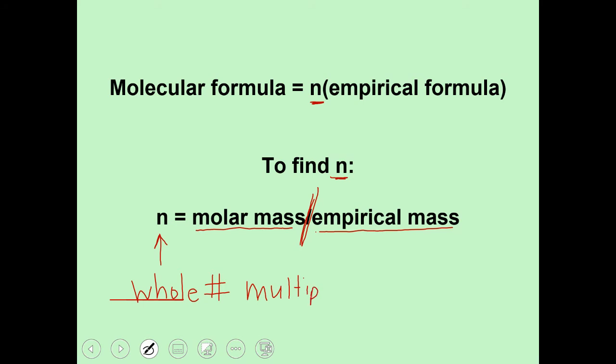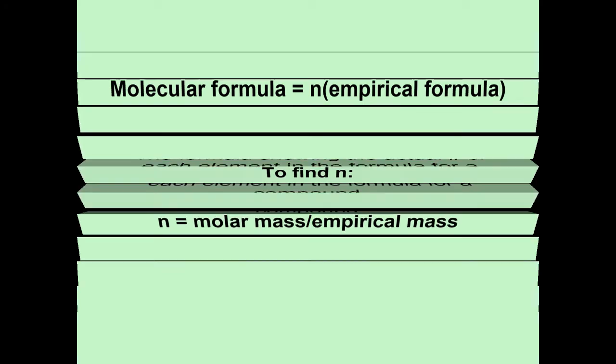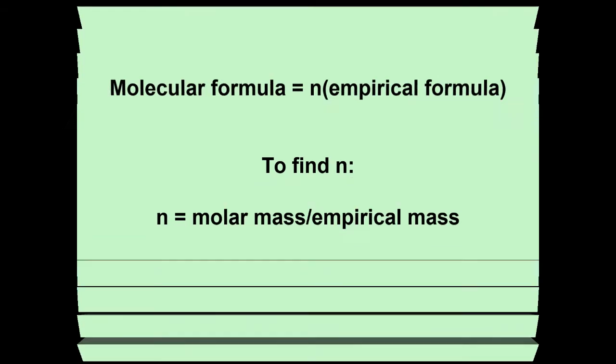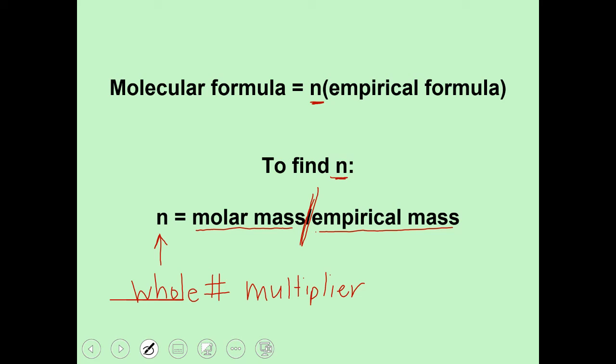And once you get that multiplier, you multiply every subscript in the formula, just like we did back here. Like if we figured out that our multiplier was 6, we took 1 times 6. We took 2 times 6. We took 1 times 6 to get the molecular formula, okay? So let's do that in an example.